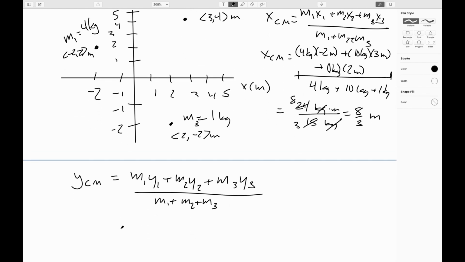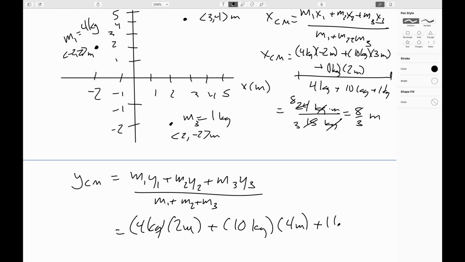So that's going to be 4 kilograms times 2 meters plus 10 kilograms times 4 meters plus 1 kilogram times -2 meters.